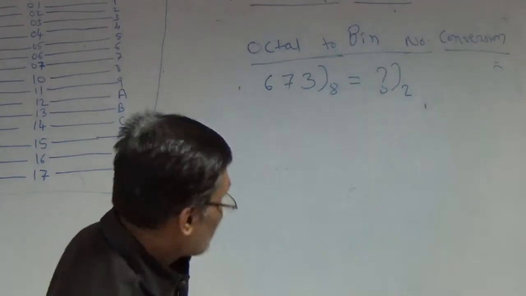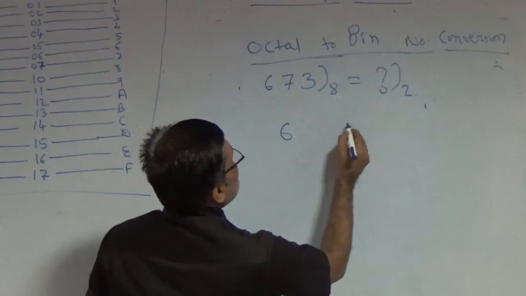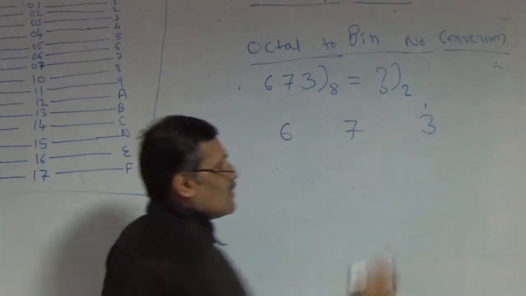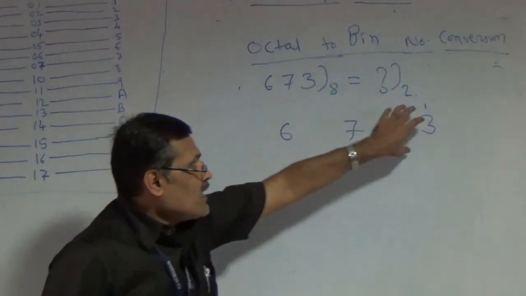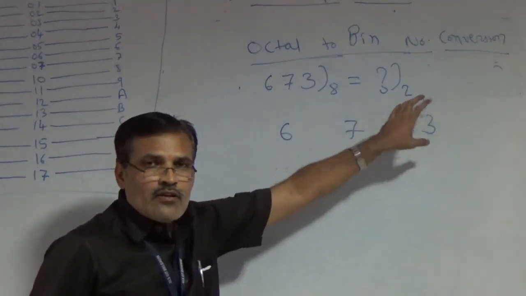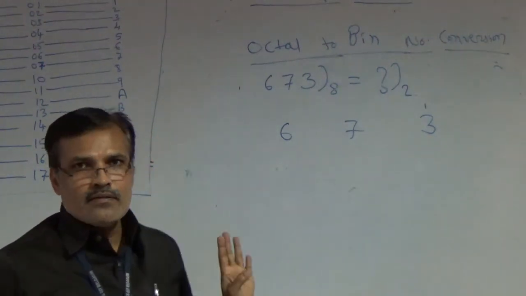The procedure is very simple here. This is the given number, write it down as it is. Just replace each of these octal digits with its equivalent 3-bit binary number. That's it.